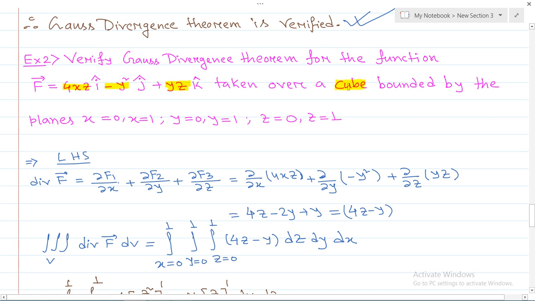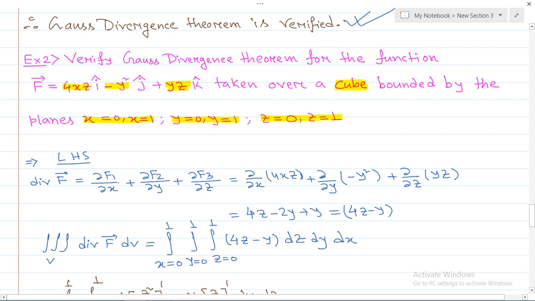The previous question was about a parallelepiped, this question is about a cube. Both structures are exactly the same, only for the previous question a, b, c are different lengths, but for a cube all the lengths are going to be the same. So here the lengths have been given: x ranges from 0 to 1, y ranges from 0 to 1, z ranges from 0 to 1.